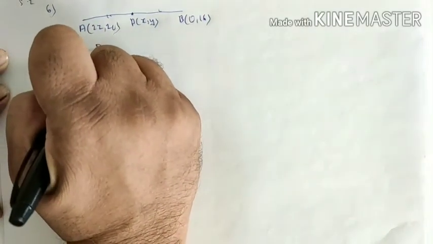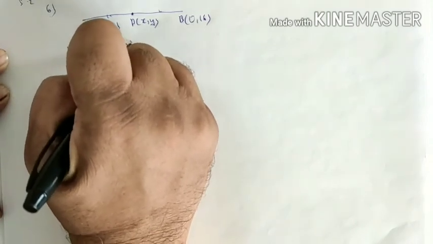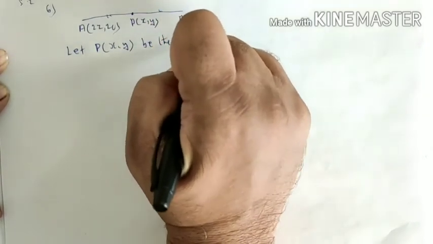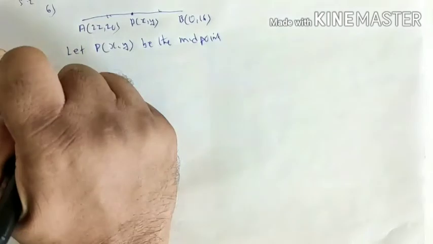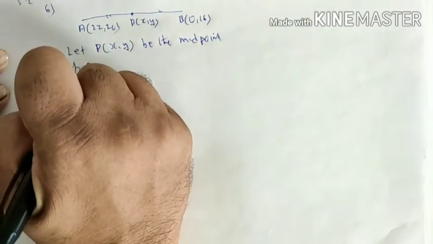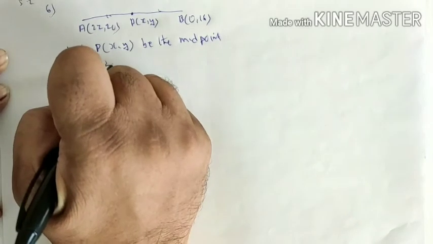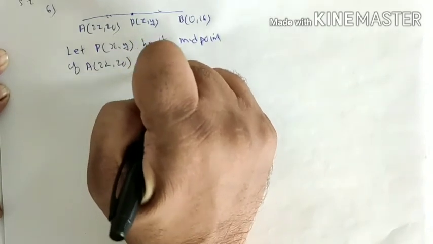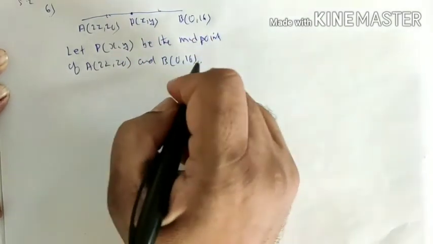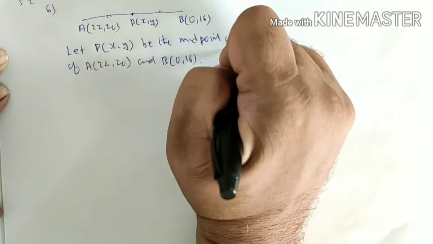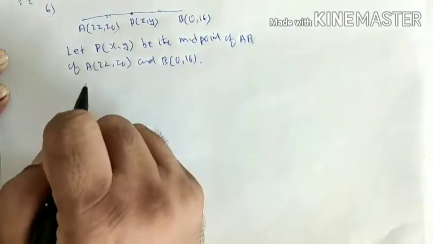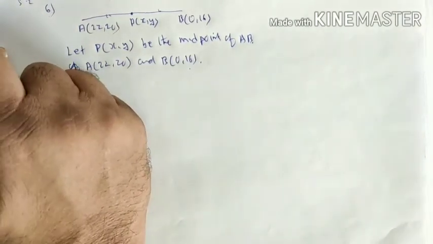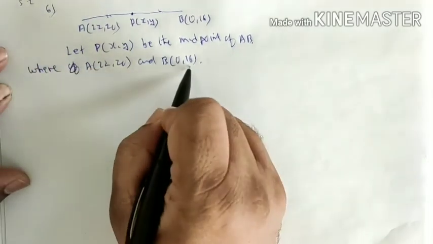Let P(x, y) be the midpoint of AB, where A is (22, 20) and B is (0, 16).